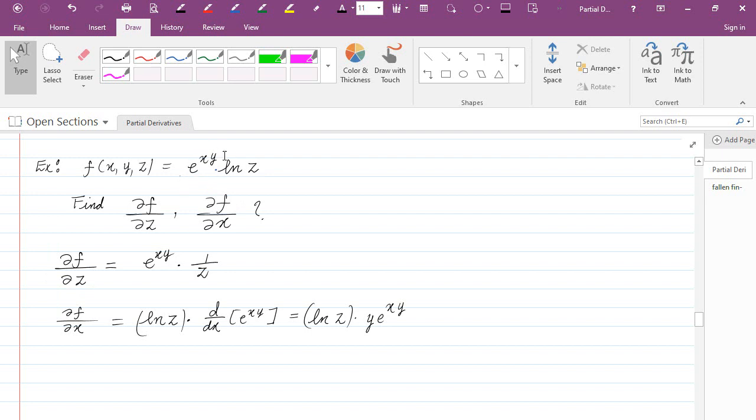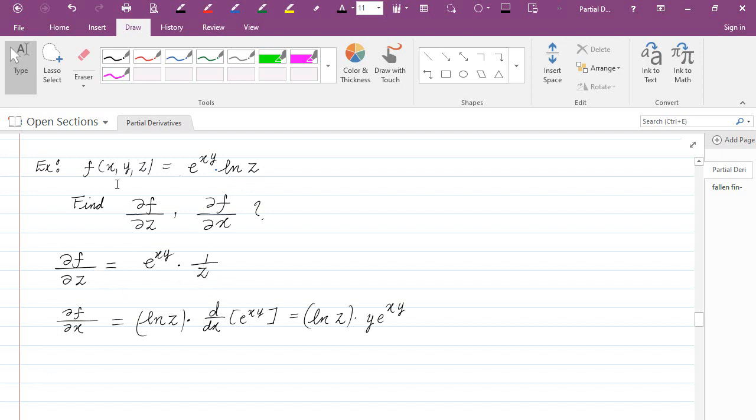So then e to the xy would be a fixed constant. So then the derivative of this guy would be the constant factor e to the xy multiplied by the derivative of ln of z, which is 1 over z. So that's the partial derivative of f with respect to z.